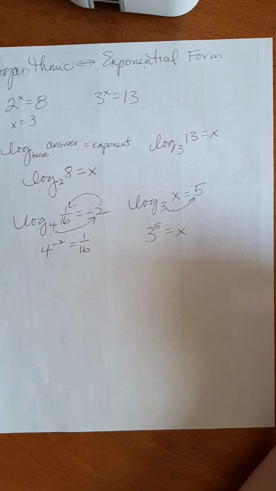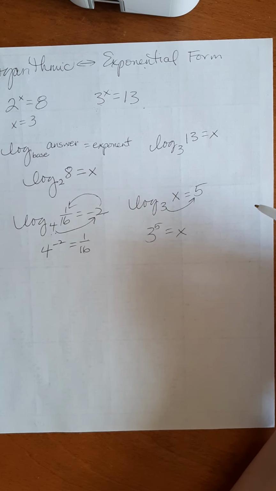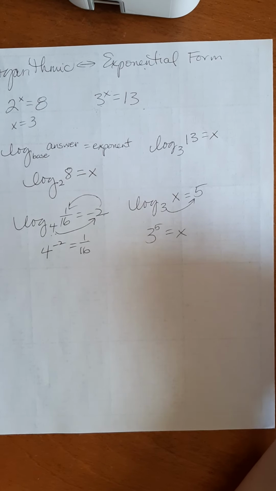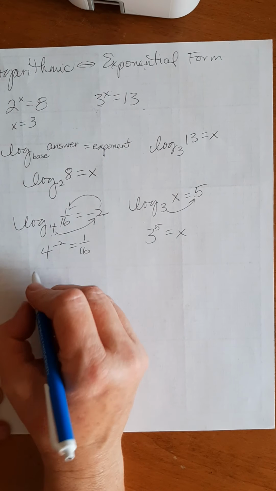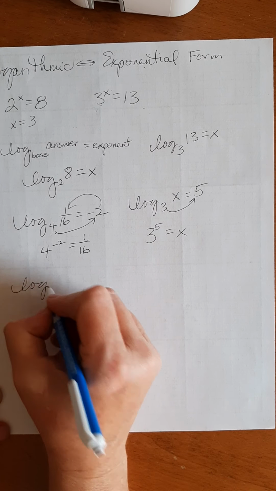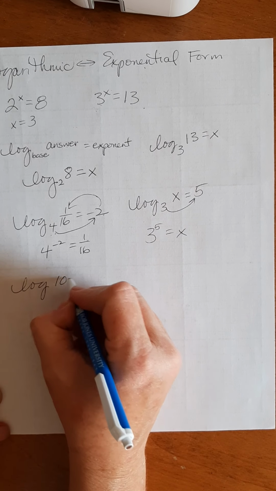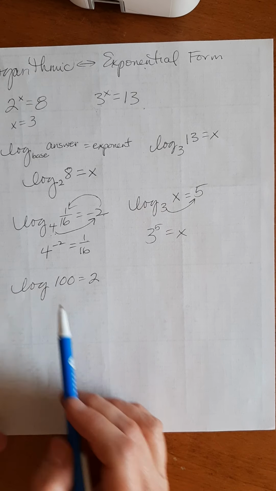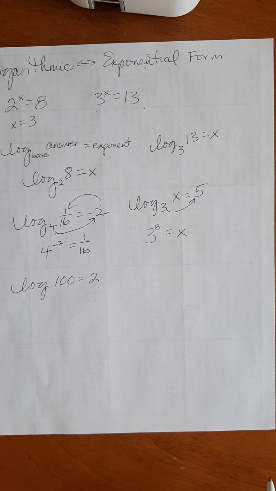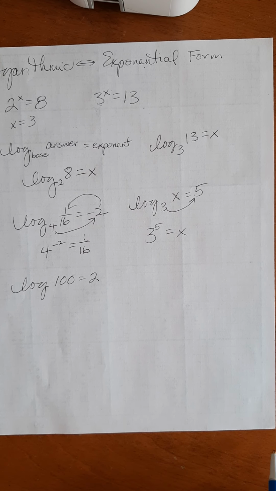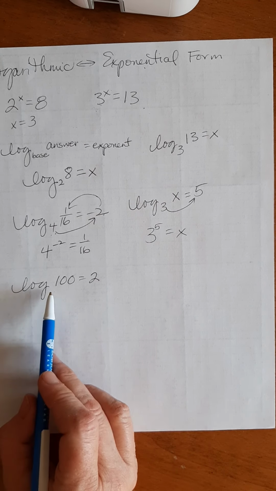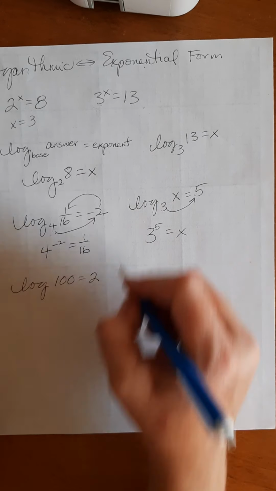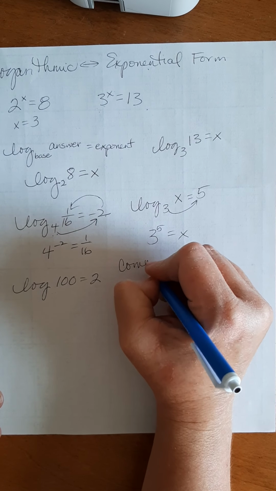Now, just to give you a preview, this year, of course, we're in quarantine, so I don't know how detailed I'll get. But sometimes you might see something like this, where there is no base. So I know you're thinking, whoa, you left something out. Well, if there is no base there, it's called common logs.